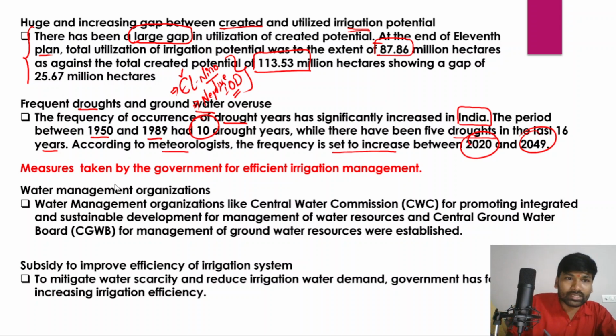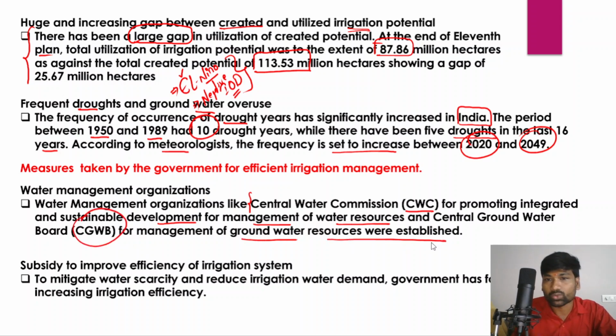Firstly, water management organizations were established, such as the Central Water Commission, particularly for promoting integrated and sustainable development and management of water resources, and the Central Groundwater Board for the management of groundwater resources. So what is the role and responsibility of these organizations? These organizations look into the existing water resources.